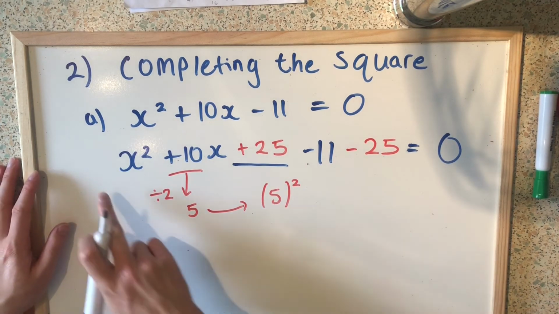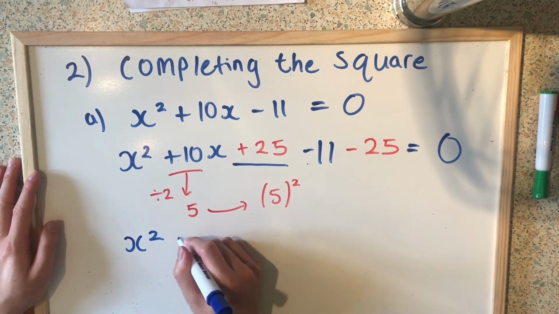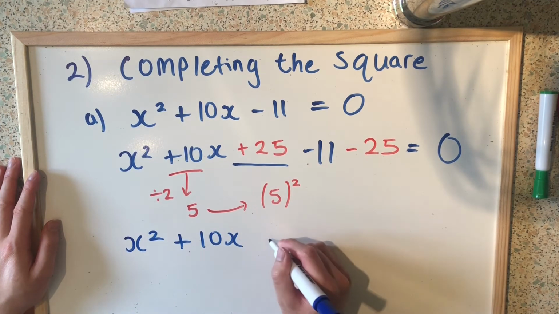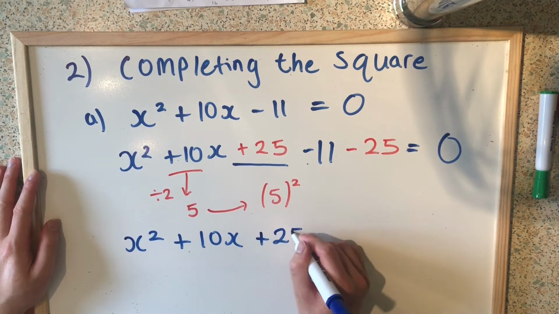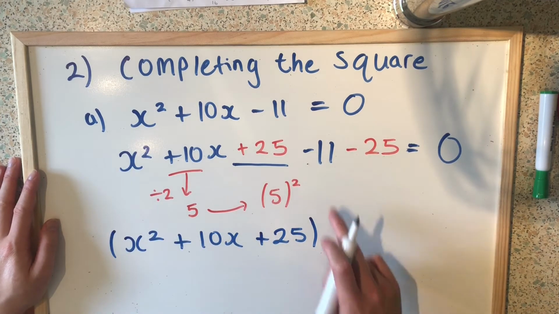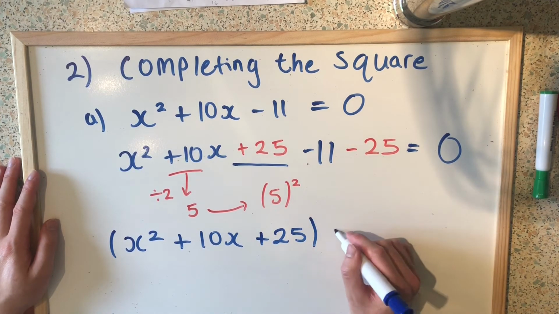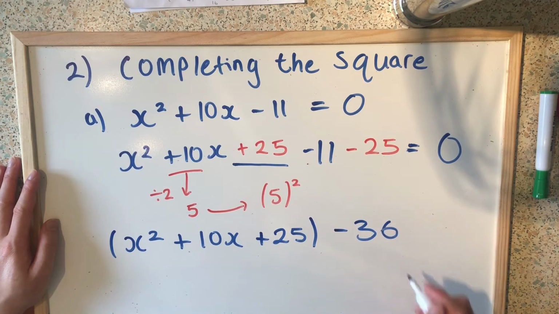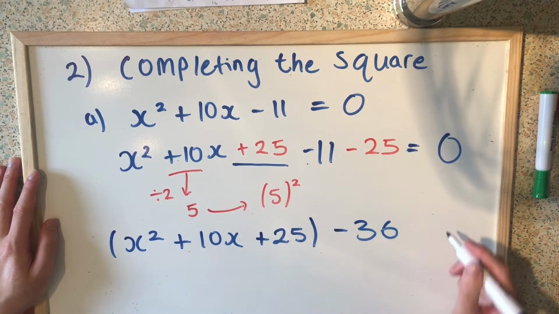Now we've got x squared plus 10x plus 25, and we know that will be factorized. Minus 11 minus 25, that's minus 36. And all this is equal to 0.